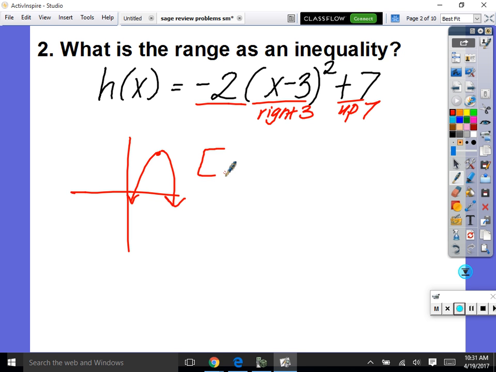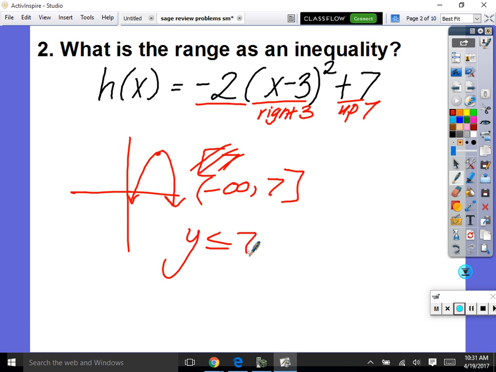So if you wrote it as an interval notation, you would say negative infinity up to 7, including 7. But it asks it as an inequality. So our y values are less than or equal to 7. A lot of you got it right. You guys got it? Okay. But you shouldn't need to use a calculator to graph this one, just saying, but you could.